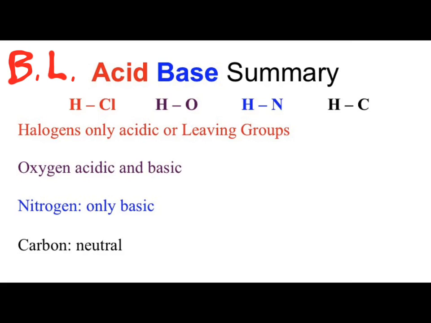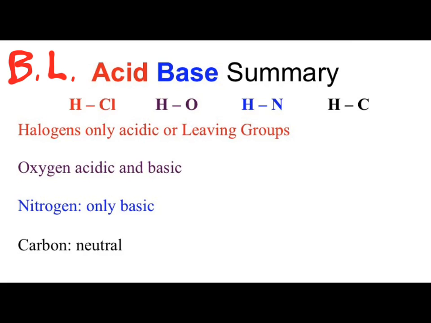So we can look at our classic examples. Fluorine we typically ignore as a reactive atom because it does crazy stuff, so we move to chlorine as our first representative element within the halogens. Then we can compare oxygen, nitrogen, and carbon.